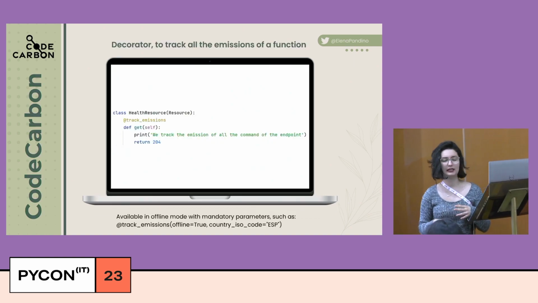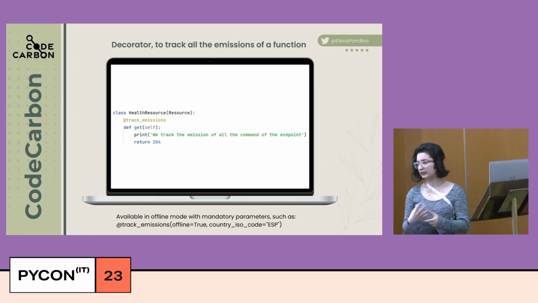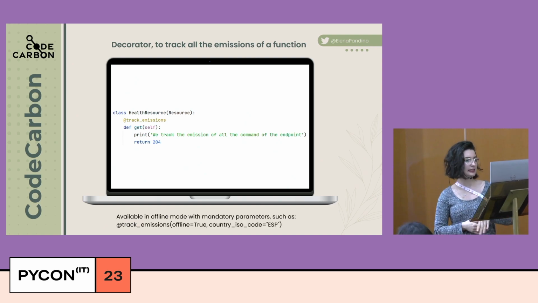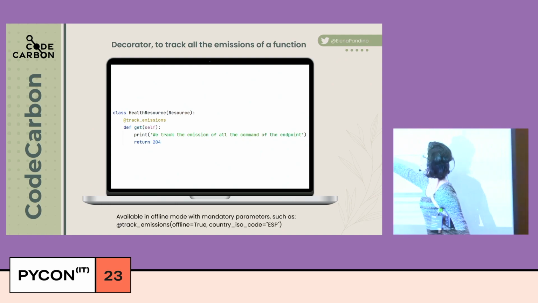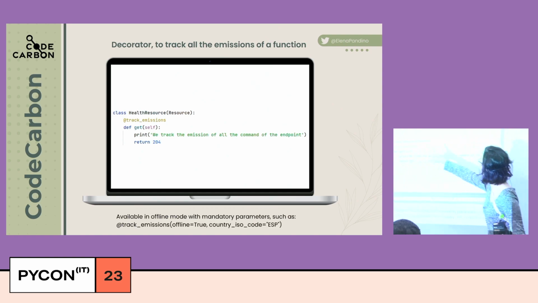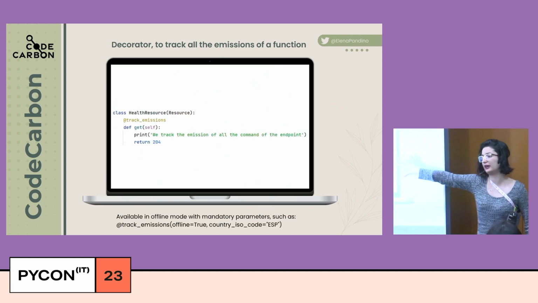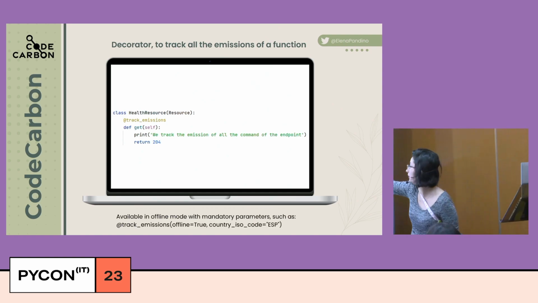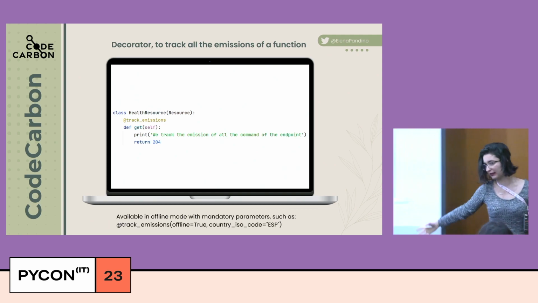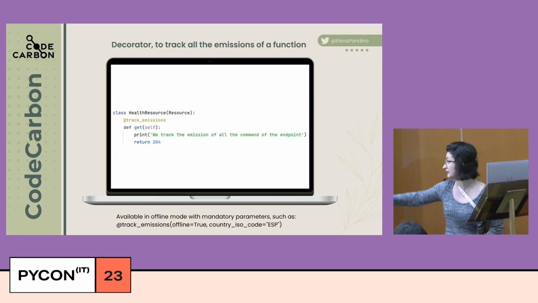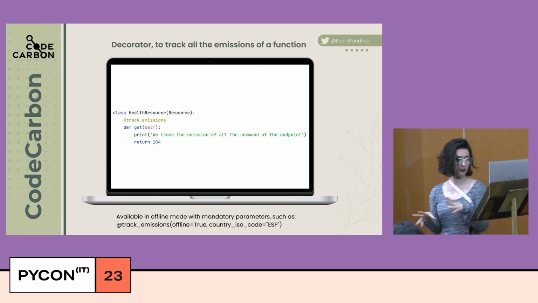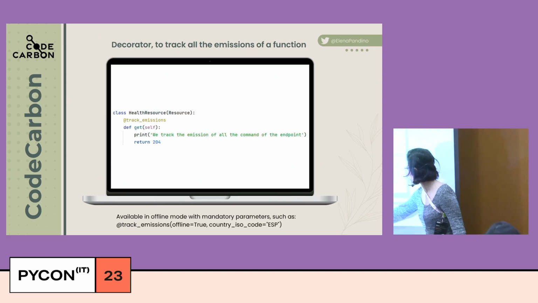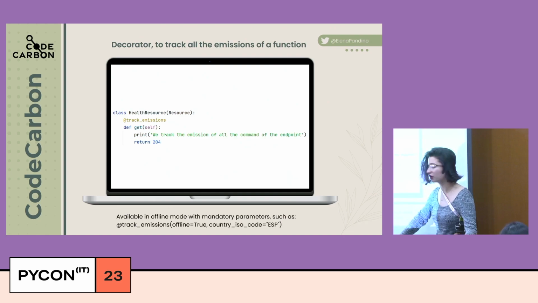And there are, we can say, two ways to use it in particular. The first is a decorator. As you can see, it's track emissions, and it is applied to a function. In this example, I have a get function, a REST API, just to calculate everything about this get. There is also an offline mode, as I put here, and you can see it in the docs.